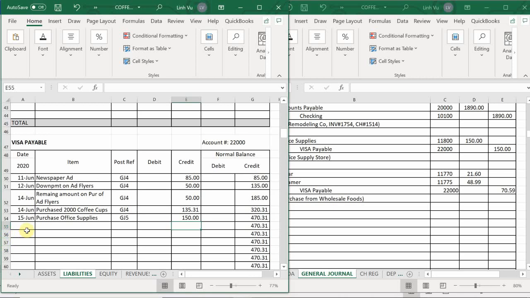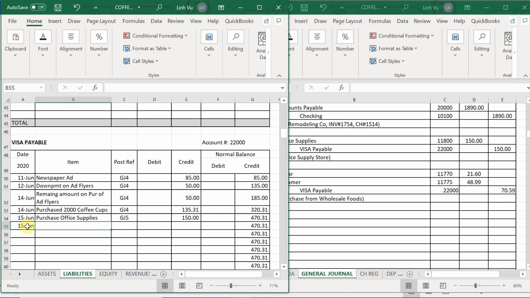Okay, and we're going to put the date 6/15, purchase. Do we do the sugar separately and the cream separately, or do we just say purchase cream and sugar? Did you make two separate purchases at Wholesale Foods, or only one? It's just one purchase.